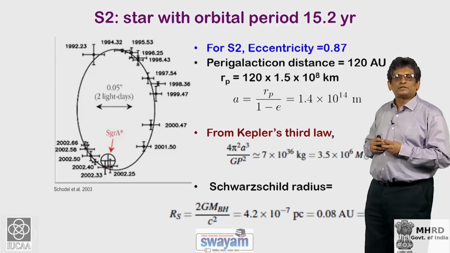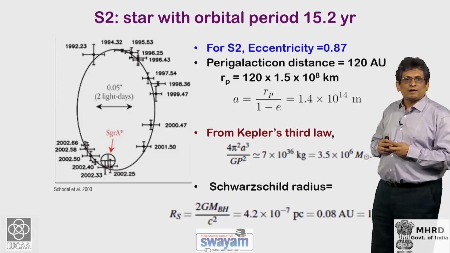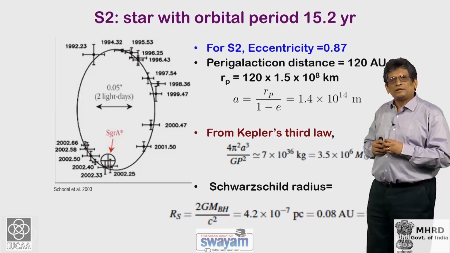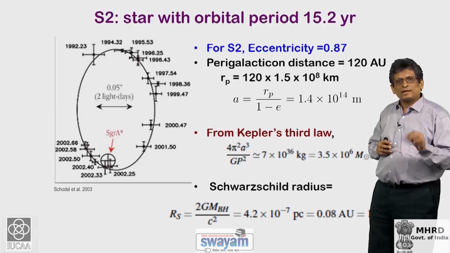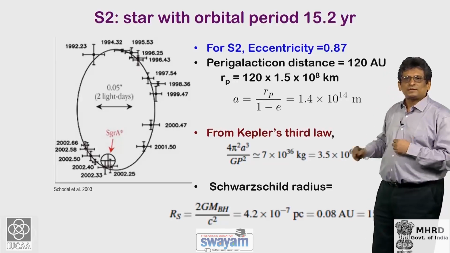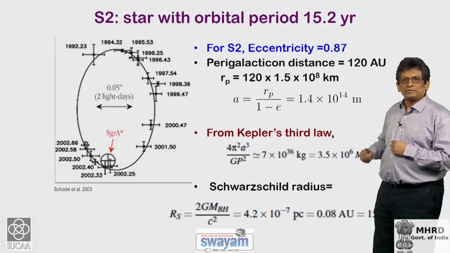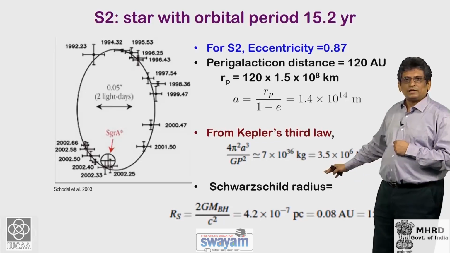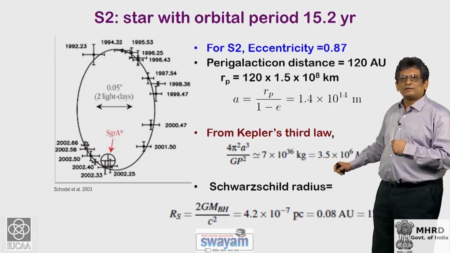And the only kind of single object that we can think of that can inhabit that particular focus would be a black hole of the mass which is very close to 4 million times the mass of the Sun.